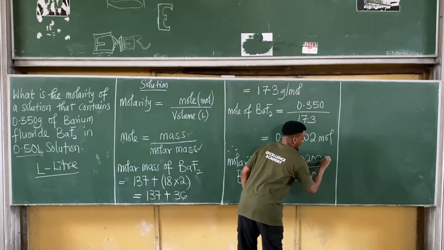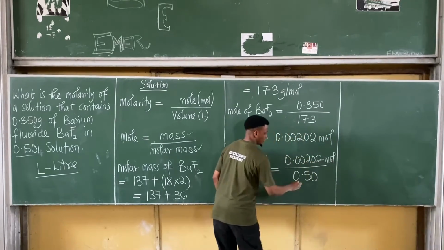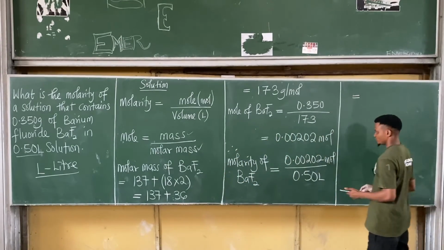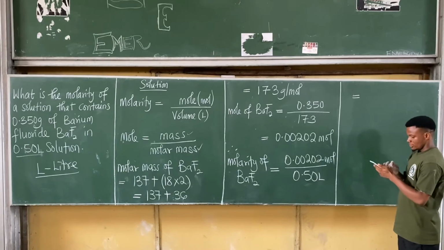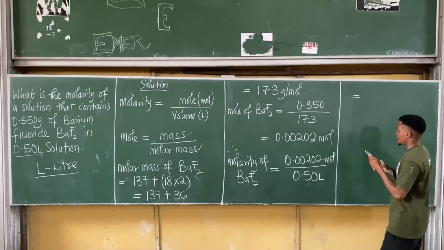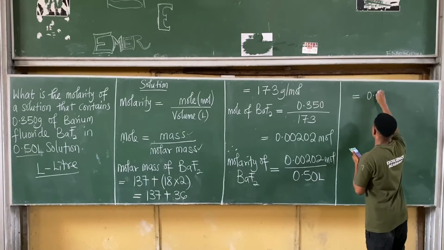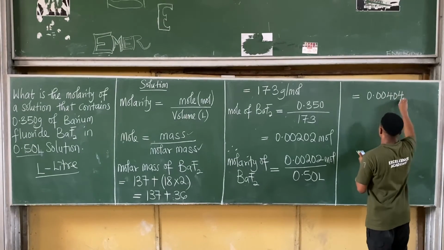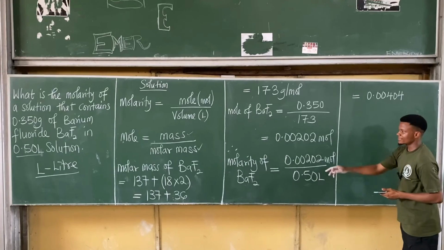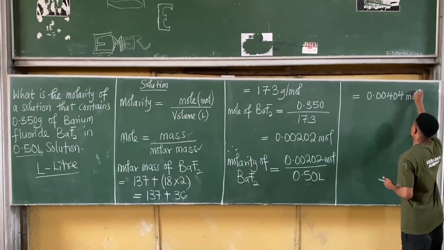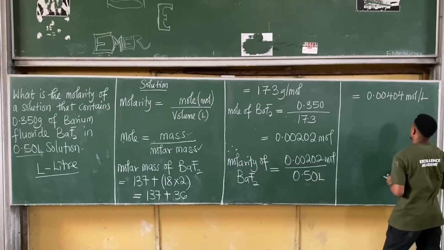This one here is measured in mole, and this volume here is in liter. So molarity becomes 0.00202 over 0.5, which gives you about 0.00404. The SI unit for molarity is mole over liter.